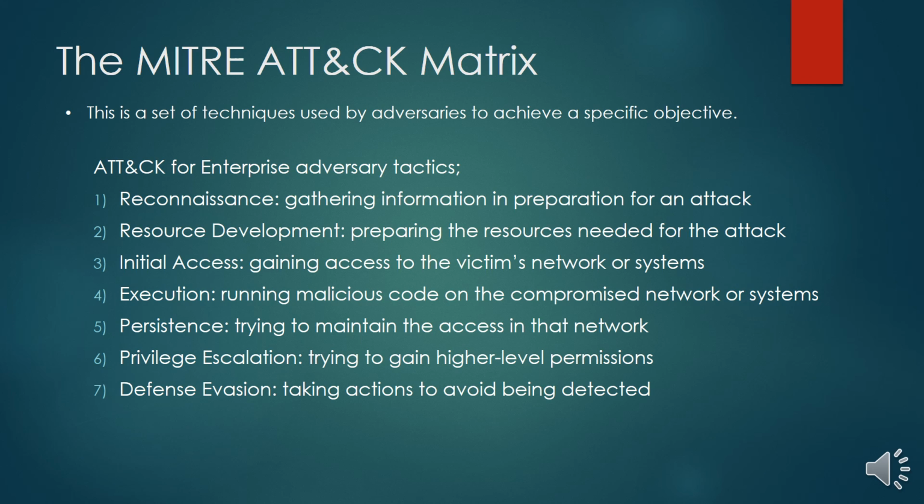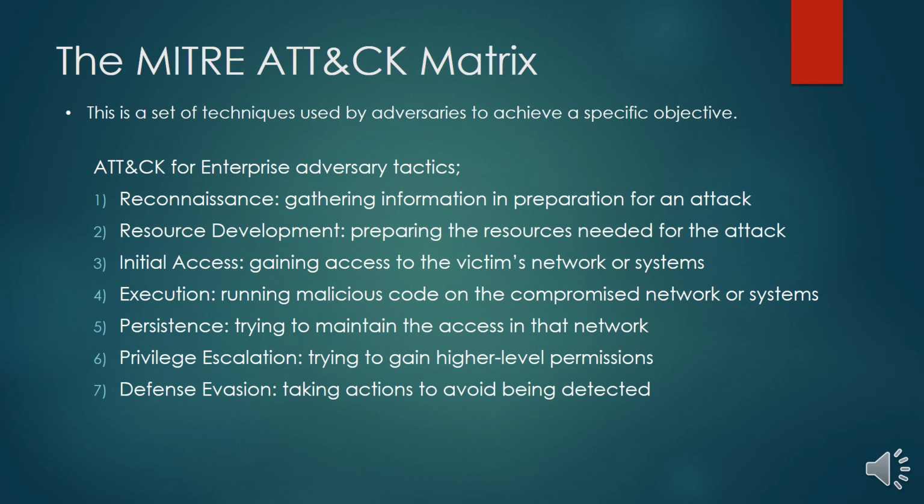And then the fifth one is persistence, where the attacker is trying to maintain access in that network. They can do this by changing configurations or account manipulation. Number 6 is privilege escalation, where the attacker is trying to gain higher level permissions.